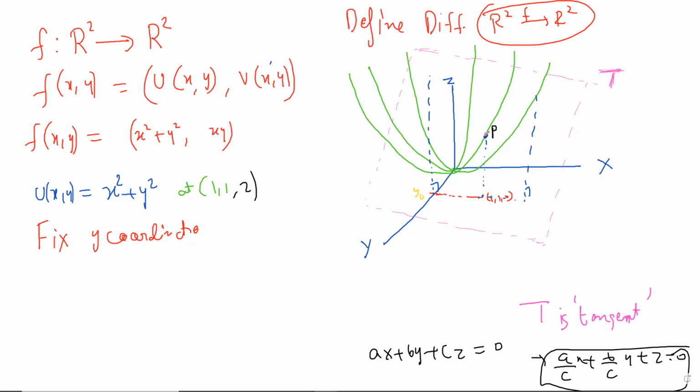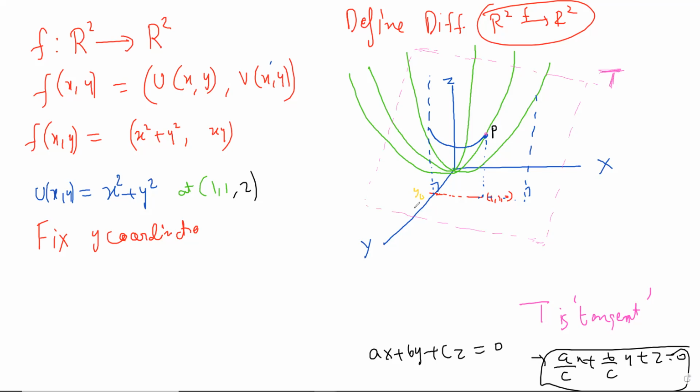And what you will get is a two-dimensional version of this function, like this. This blue line will be on the green curve, but it is on this section.